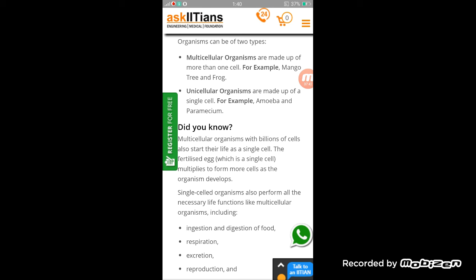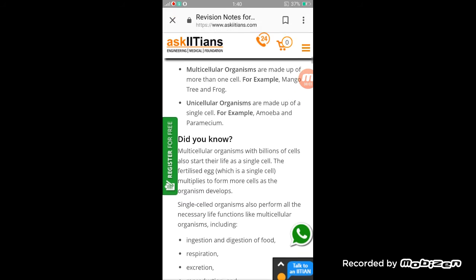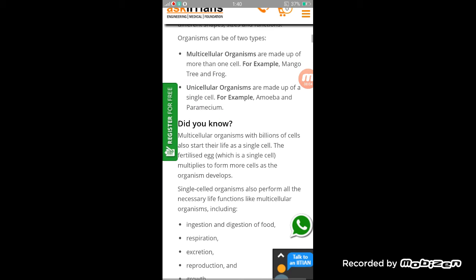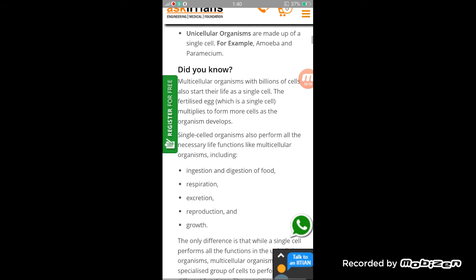A mango tree and a frog are multicellular, and human beings are also multicellular, as all of us are made up of multiple cells. Unicellular organisms are made up of only a single cell, for example amoeba and paramecium. You have studied this in the previous class, 7th class, so I will not go into too much detail.